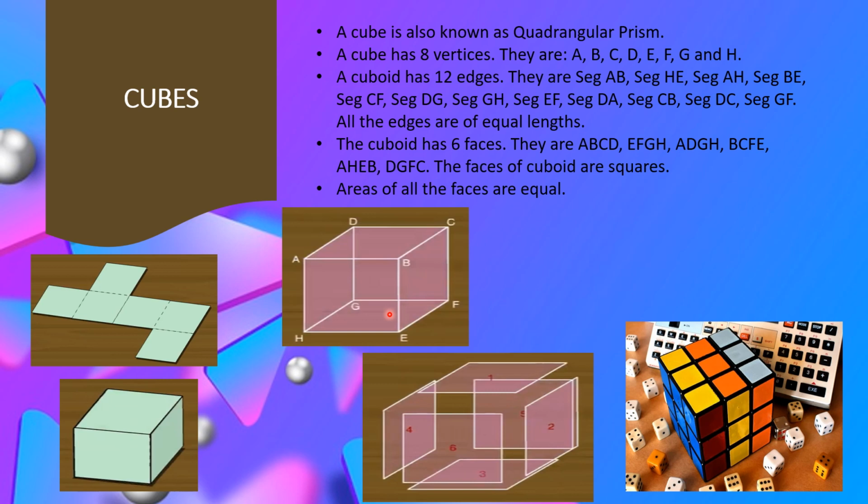So all these edges are of equal lengths. In a rectangle they were not equal, since opposite sides were different. But here all the edges are of equal lengths. Now a cuboid has 6 faces. I have shown you how it's 6.